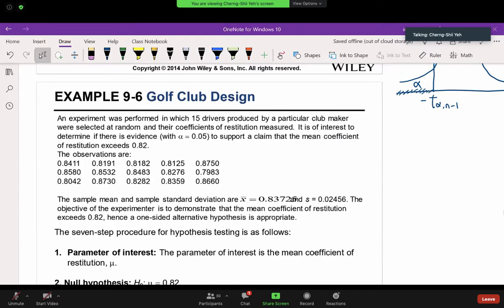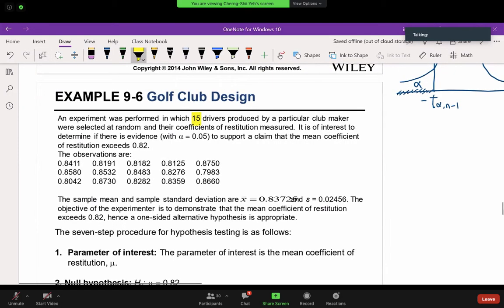In this experiment, we're making 15 drivers. So that 15 is my sample size. The 15 drivers are produced by a clock manufacturer, and we select them randomly and calculate their coefficient of resistance. It is of interest to determine if there is evidence to support the claim that the mean coefficient of resistance exceeds 0.82.